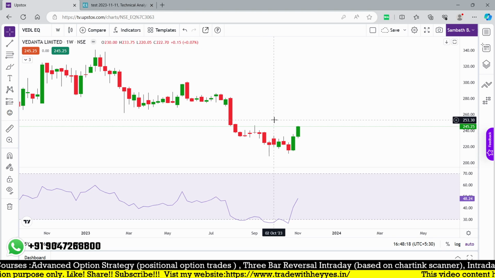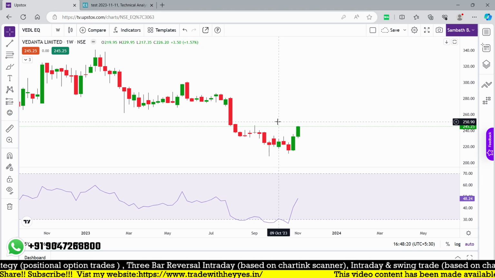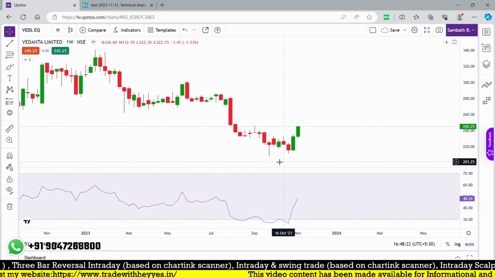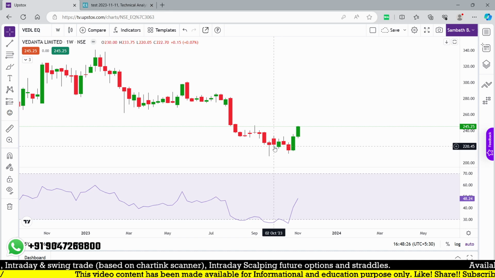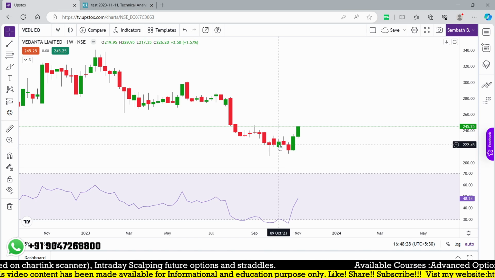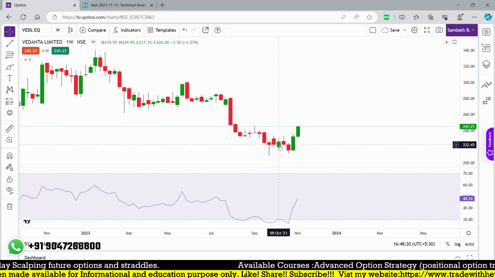Right, 910 is about October. Maybe this high is broken. The recent swing low would be the stop loss. It was not triggered. This is the trigger candle 910. The high of that particular candle is 229, so 230 should be a breakout.